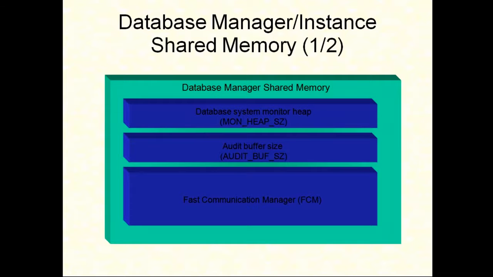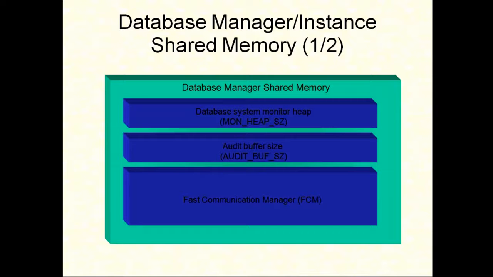Now, when you look broadly at the database manager shared memory, you will see three types of memory sets. One is the database system monitor heap, that is the monitor heap size. The monitor heap size is required when you want to monitor databases within the instance. Let's say you want to look at the performance attributes, or what costly queries are running inside your database.